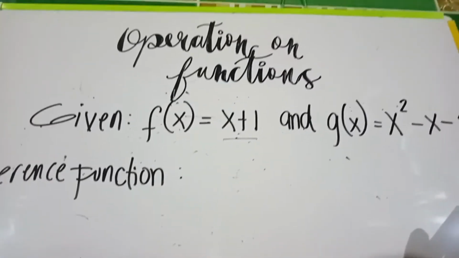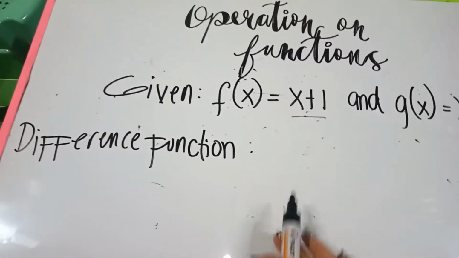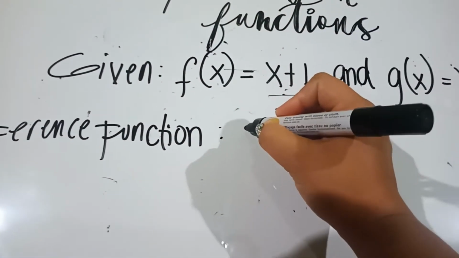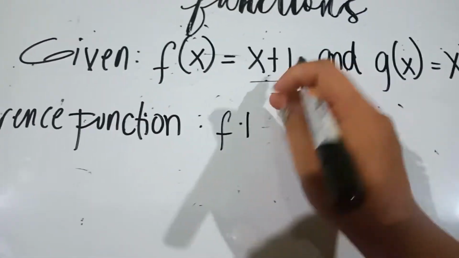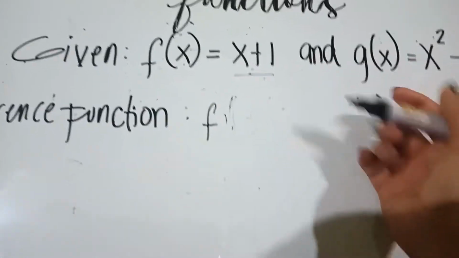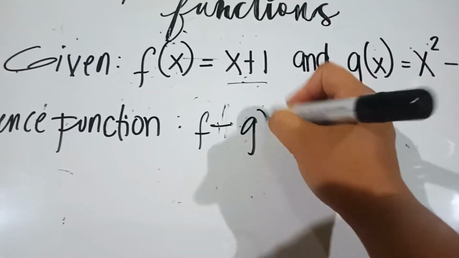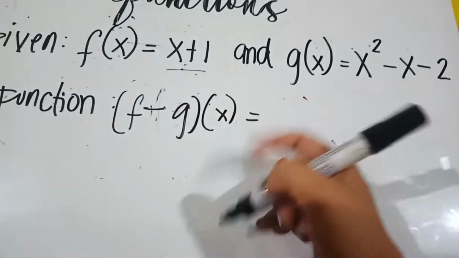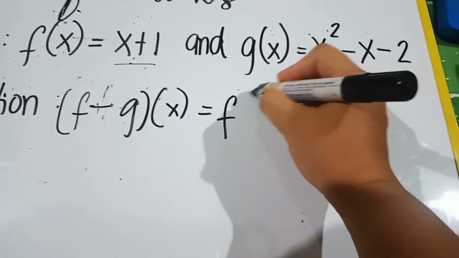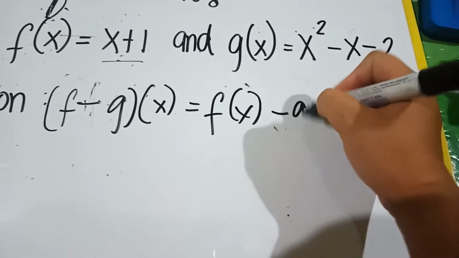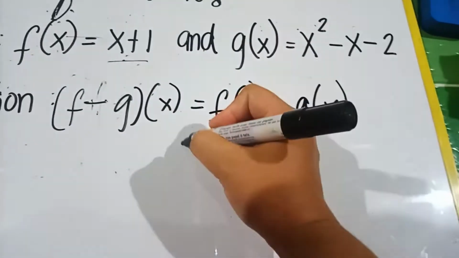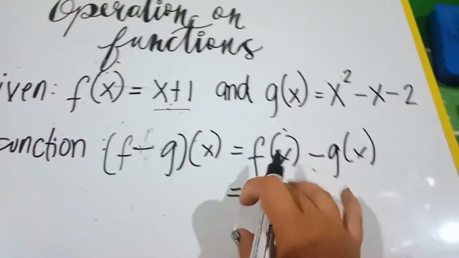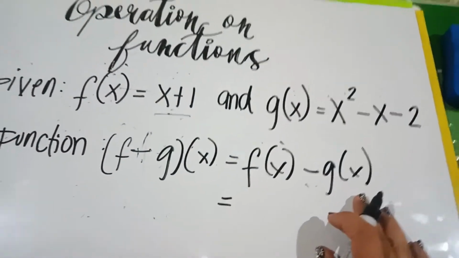The same given in solving the difference function, and the difference function is denoted as f minus g of x is equal to. Ganun pa din, just distribute, magiging f of x minus g of x is equal to, so we will substitute the given to the formula that we have.